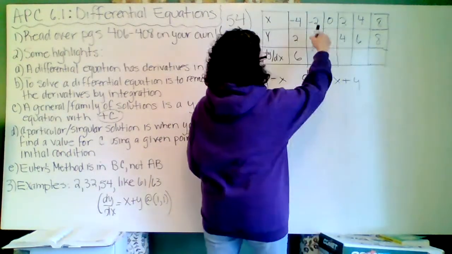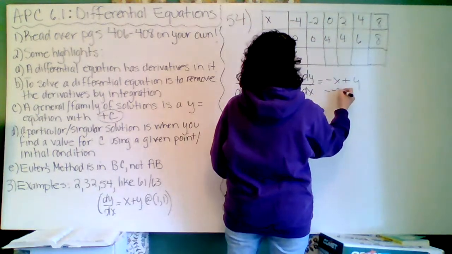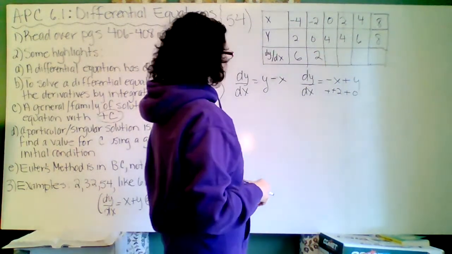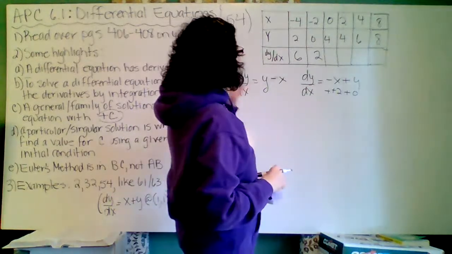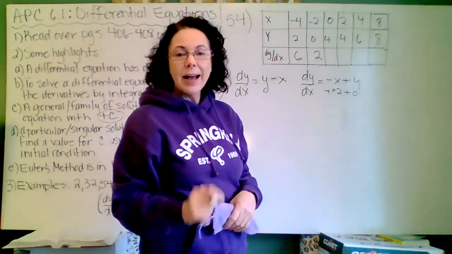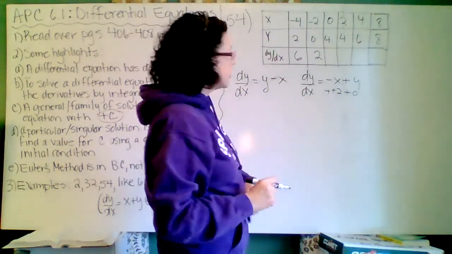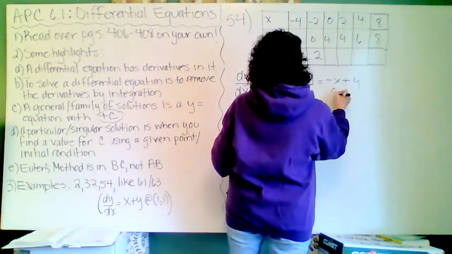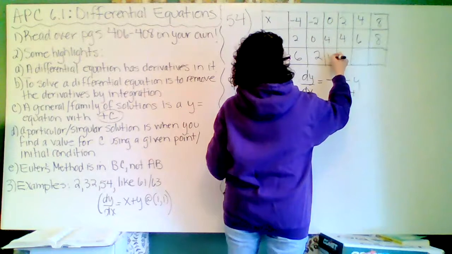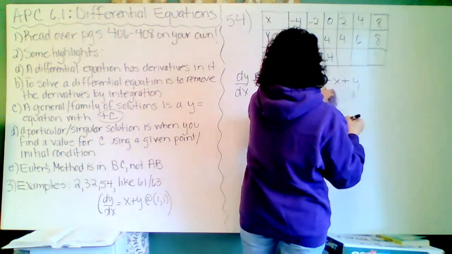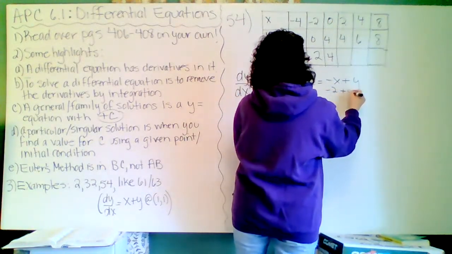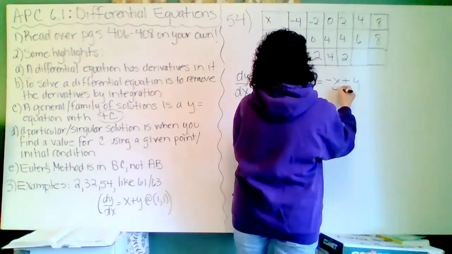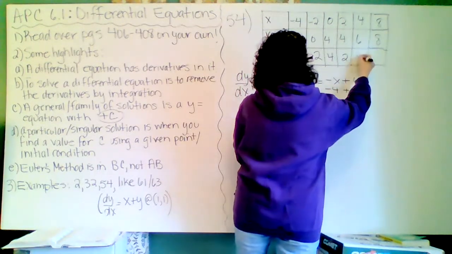Let's go to the point -2, 0. That is a 2. Again, one last time, if you go to the point -2, 0 on your slope field, you should see a positive slope of about 2. 0, 4 is 4. 2, 4 is 2. 4, 6 is 2.